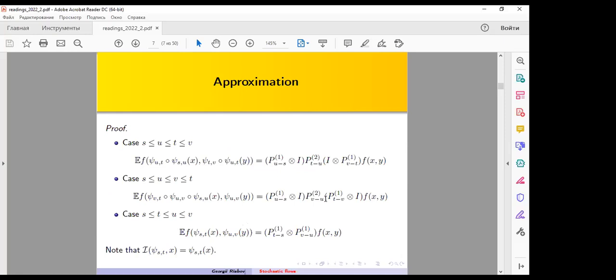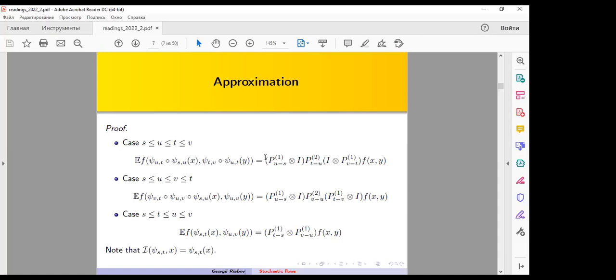Okay, if s less than u less than t less than v, then psi st we can write as this composition, psi uv we write as this composition, and so first we apply v minus t to the second component. This is done by this operator, then we apply t minus u to both components, and u minus s we apply to the first component.